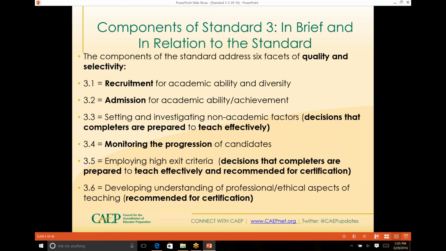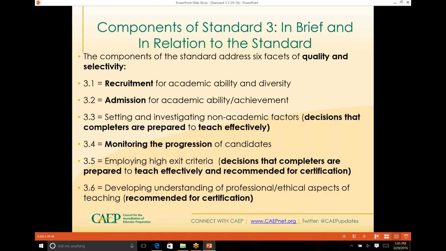At admissions, are you admitting candidates based on their academic ability and achievement, which is CAEP component 3.2, and in 3.3, are you setting and investigating non-academic factors? So are you also admitting candidates who meet additional criteria for admission that isn't simply based on GPA or test score results?